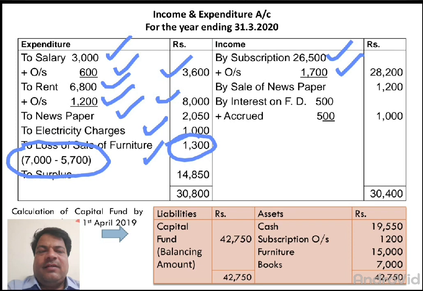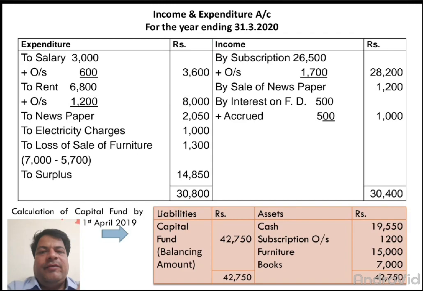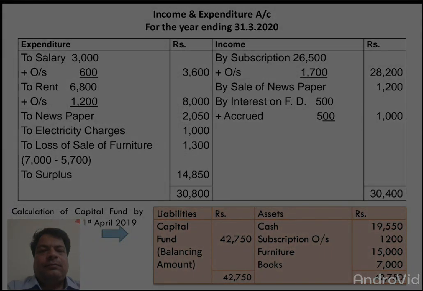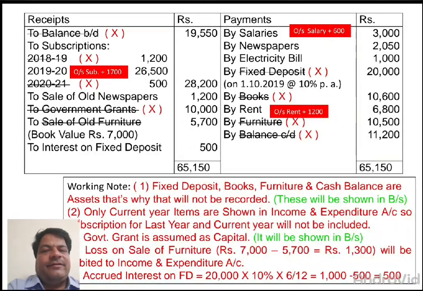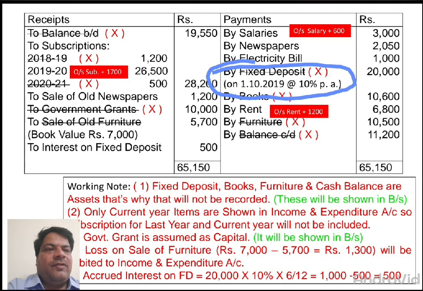Then we are given here the sale of newspaper, that is a receipt, income. Now we are given the income, interest on FD, fixed deposit. In this particular question the investment is given with a date. You can see here that the fixed deposit is given with a date as well as the rate of interest. 20,000 rupees is the total amount of investment.